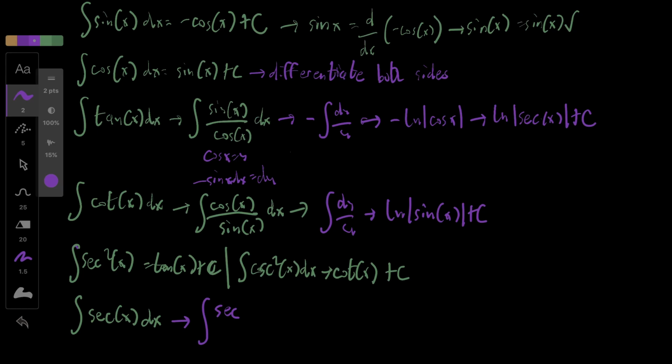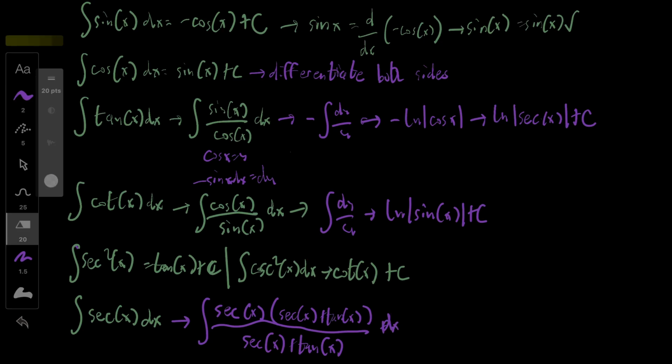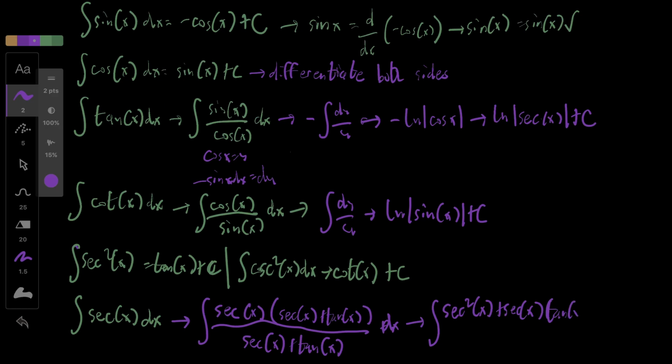So secant of x multiplied by secant of x plus tangent of x divided by secant of x plus tangent of x. Then we have dx. So now what we can do is we can expand the numerator. So this gives us secant squared of x plus secant of x tangent of x divided by secant of x plus tangent of x dx.